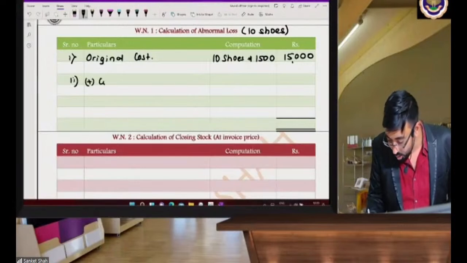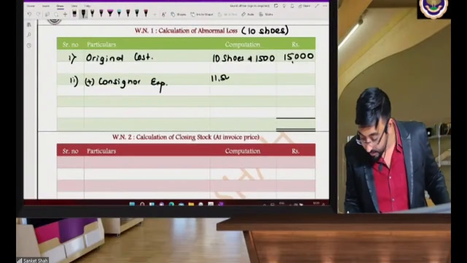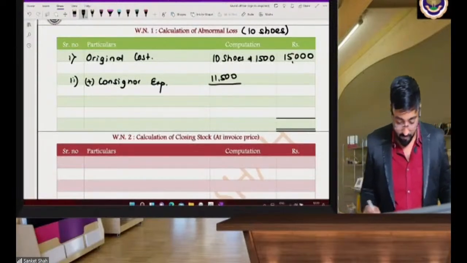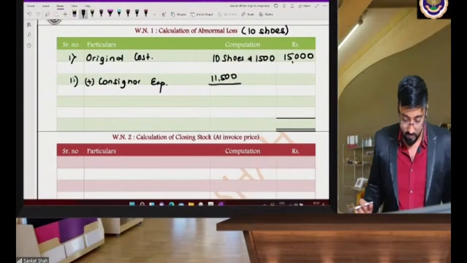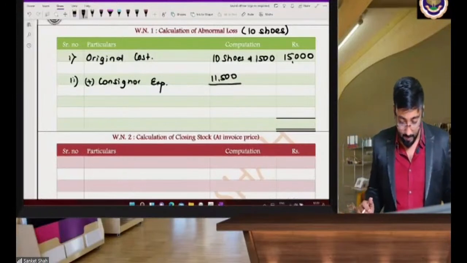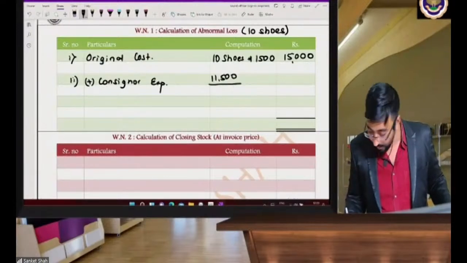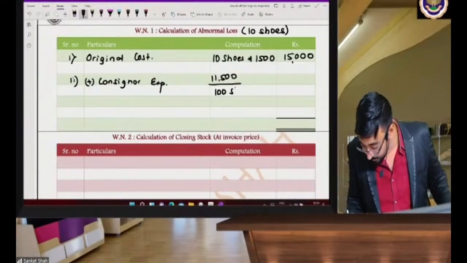So 15,000. Add consignor expenses. This is 11,500. Divide by, how many shoes? 100 shoes.